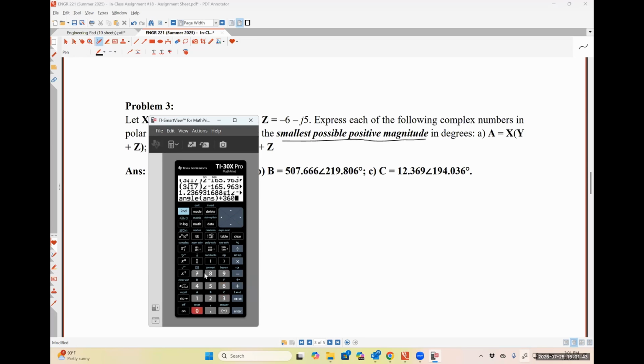That's going to move me around this unit circle in a counterclockwise direction, and it's going to give me the positive angle that I'm looking for, 194.036, where that e to the 2 just means that's 1.94 times 10 to the 2, the 194 we're interested in.